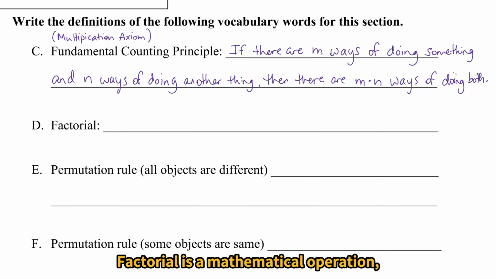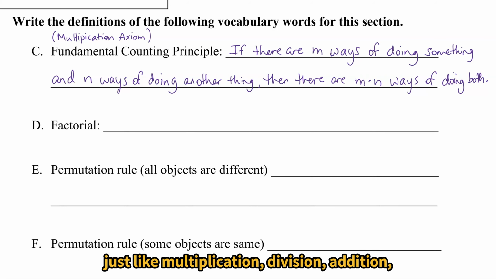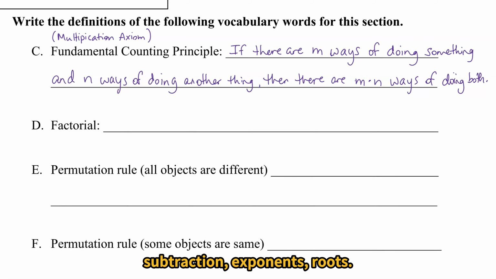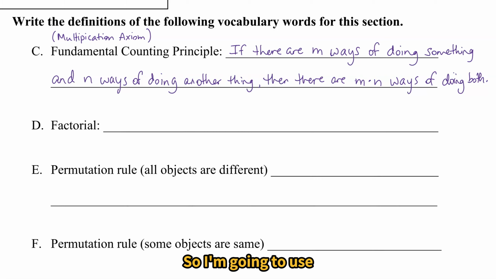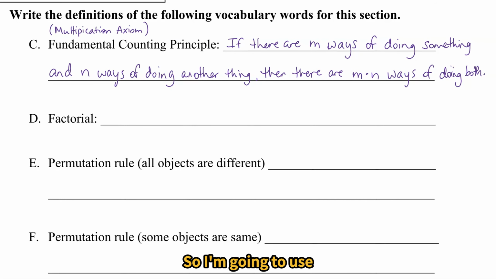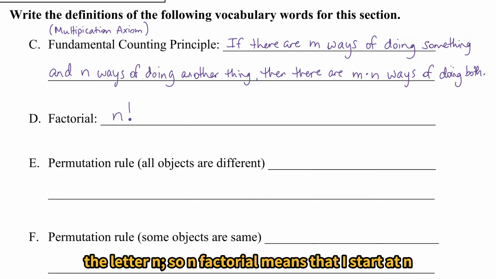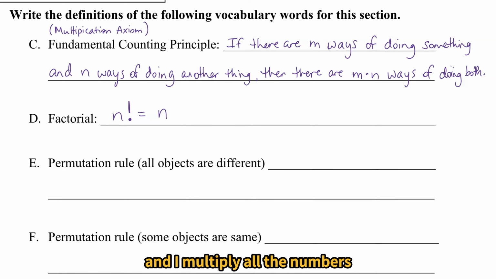Factorial is a mathematical operation. Just like multiplication, division, addition, subtraction, exponents, and roots, factorial is another operation that we use in mathematics, a shorthand, if you will. The symbol for factorial is an exclamation point. So I'm going to use the letter N. N factorial means that I start at N and I multiply all the numbers n and below until I get to 1.